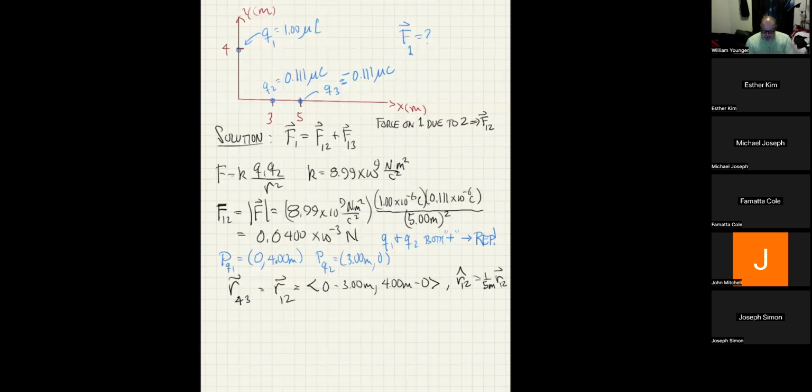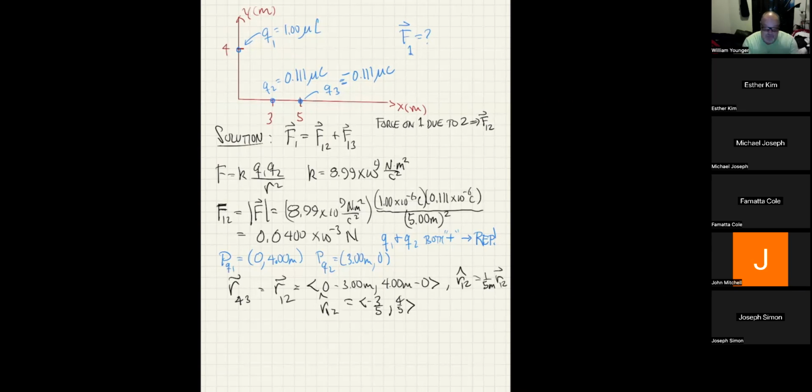So I'm going to say that R12 hat, that was really bad looking, is equal to -3/5, notice the meters cancel out, comma, 4/5. So a unit vector really is a unit vector. It has no units whatsoever. It happens to be just a unit long, and that unit is just a unit of numbers, okay?